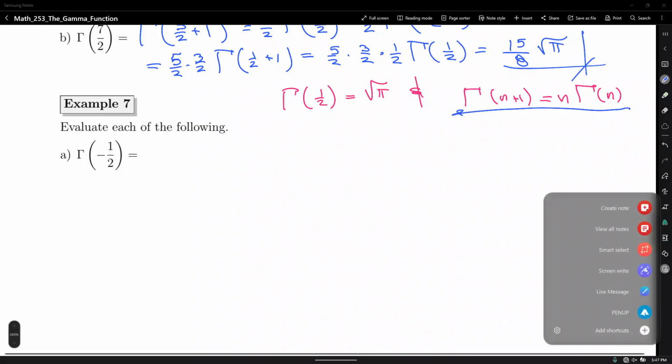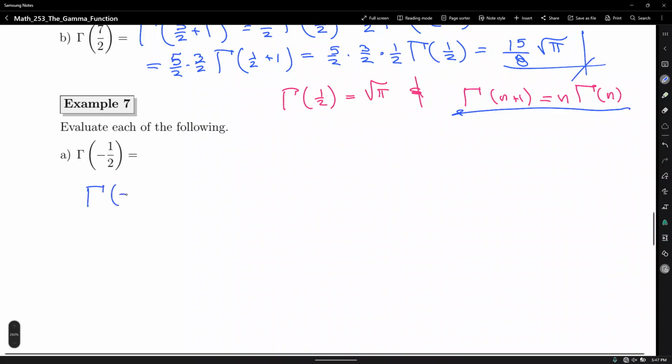So taking a side trip, negative 1 half. Okay, I need to generate this expression. All I need is an n, okay? What's n? Negative 1 half, all right? Okay, but what is this equal to? Using the gamma function the reverse way, this is gamma of negative 1 half plus 1.